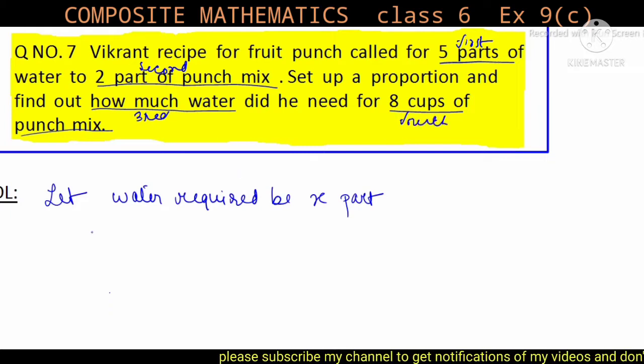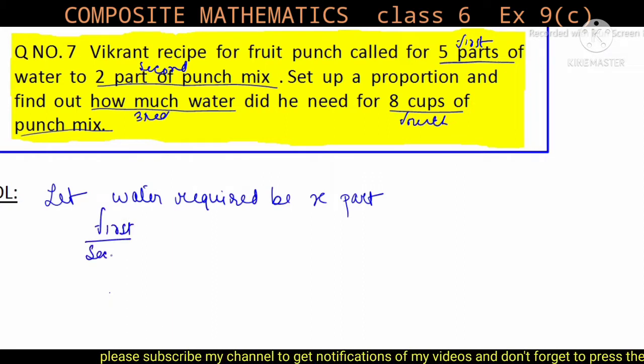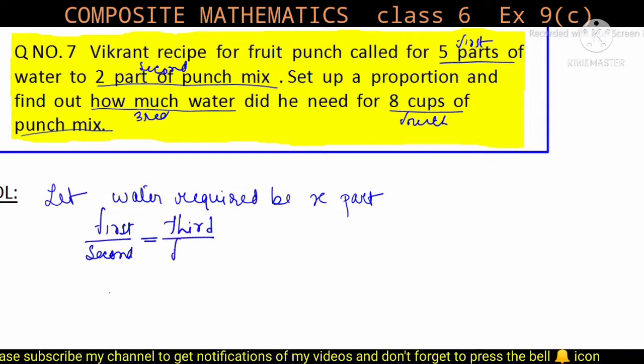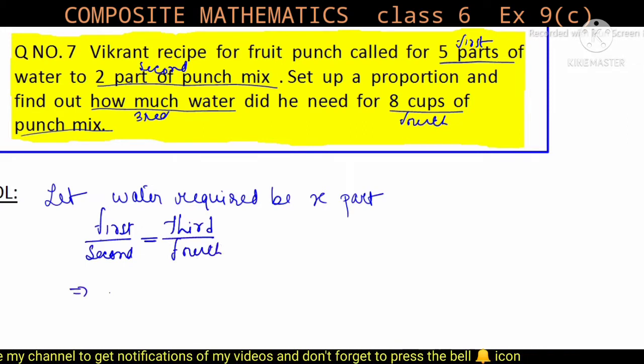So, we will write here first part by second is equal to third by fourth term. Now, first part we are given 5 parts of water, so we will put here 5. Then second, it is 2 parts of punch.